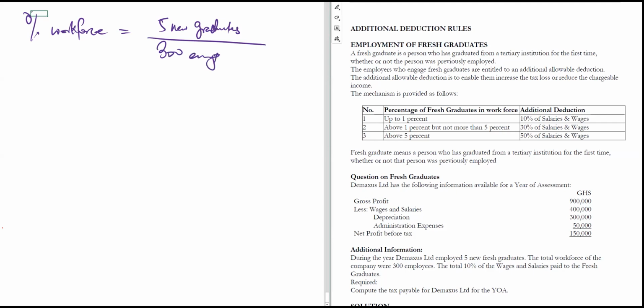So we employed 5 out of 300. What percentage is that? 1.6.